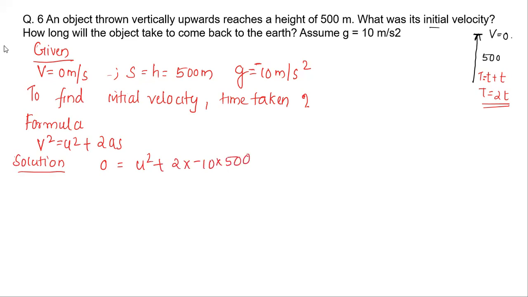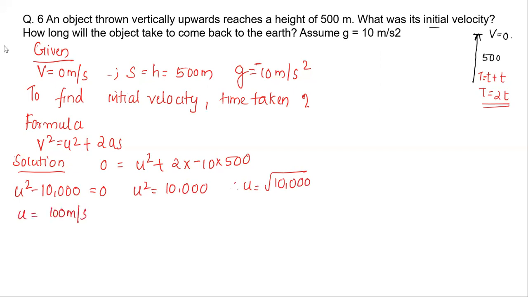So minus 10,000 will come. We will get u square minus 10,000 is equal to 0, or u square is equal to 10,000. Therefore, u is equal to root of 10,000. Root of 10,000 is 100. Therefore, we can write u is equal to 100 meter per second. This is the value of u or initial velocity.